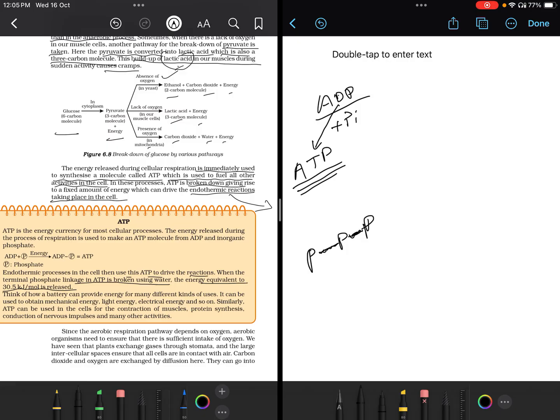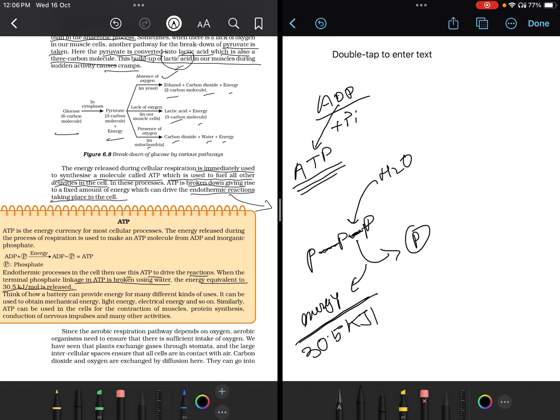Okay, it is a high energy bond. And due to water, when this energy bond breaks, phosphate releases and also releases energy. And this energy is equivalent to 30.5 kilojoule per mole. You have to remember this 30 kilojoule per mole.